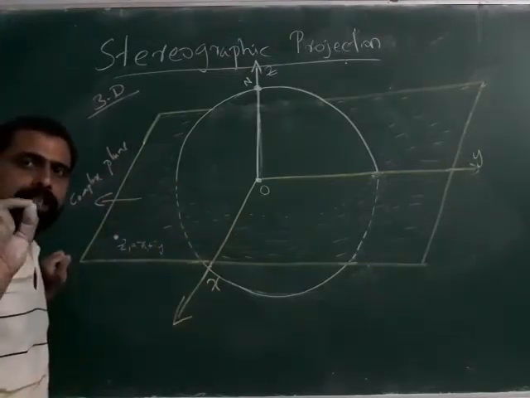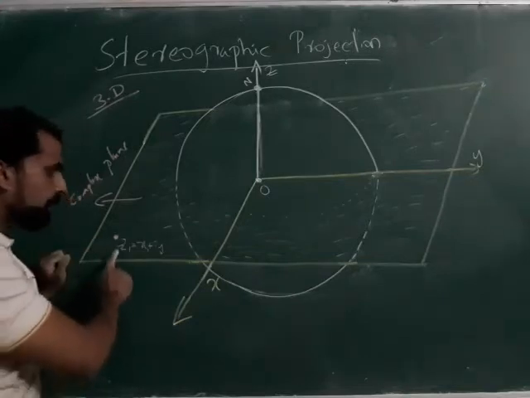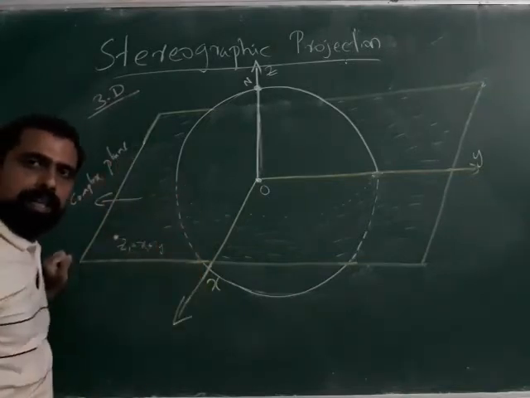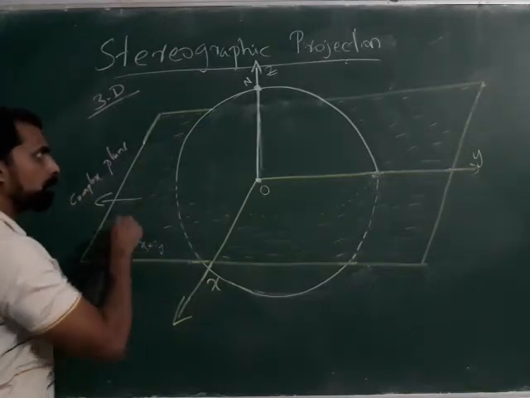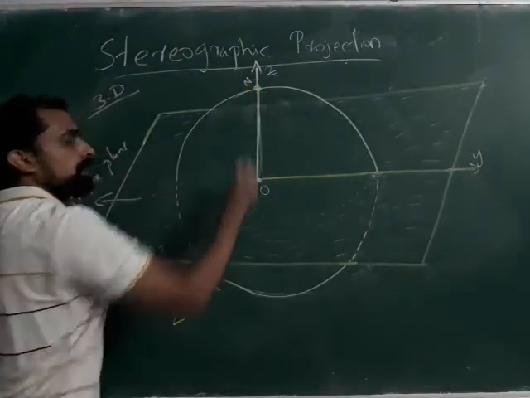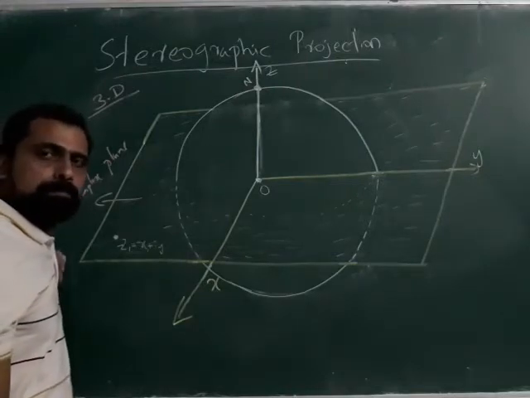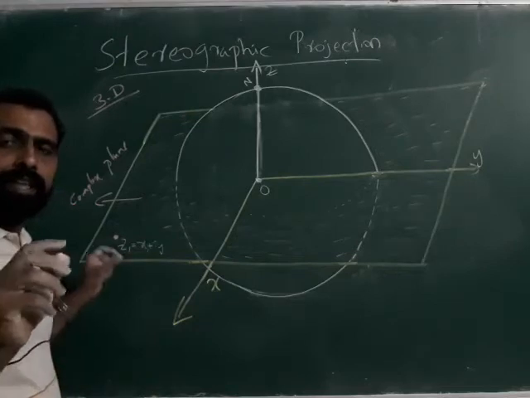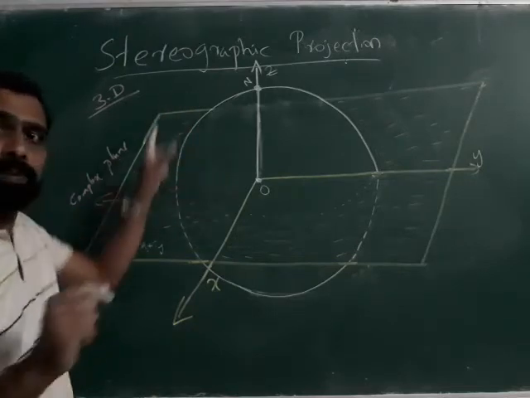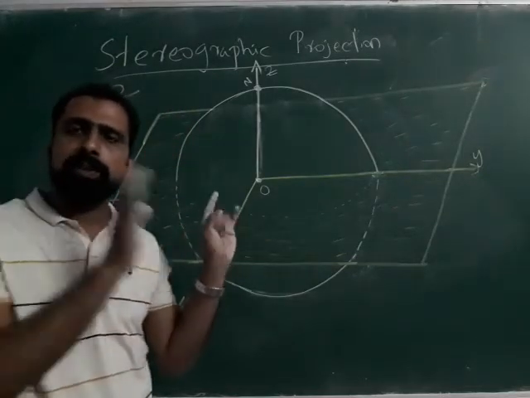If you take any point on this complex plane and you make a line from this particular point to this north pole, this will cut at a unique point on this sphere, wherever the point may be on this complex plane.